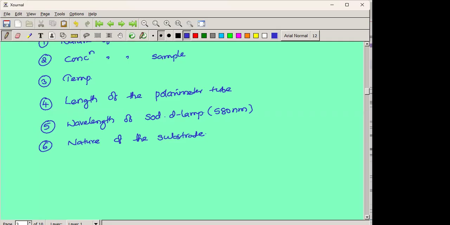Now, without practical knowledge, how can we identify whether a molecule is optically active or not? That is the criteria for optical activity. What is the criteria?